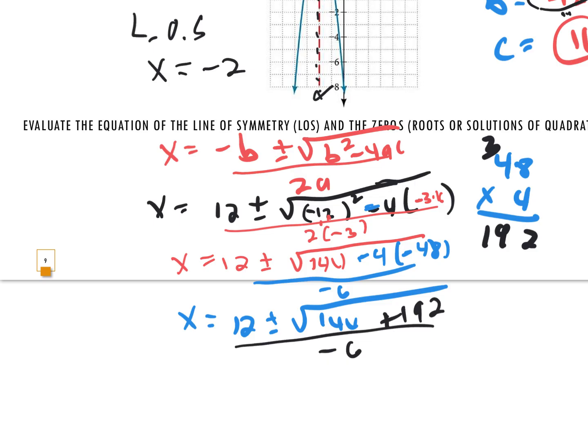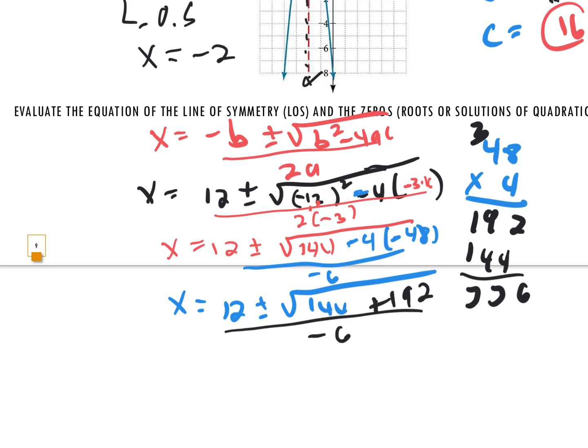Now, at this point, I would like to have a calculator. 192 plus 144 is 336. Wow, 336.